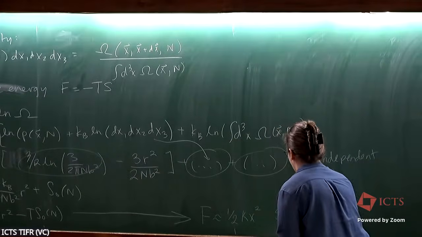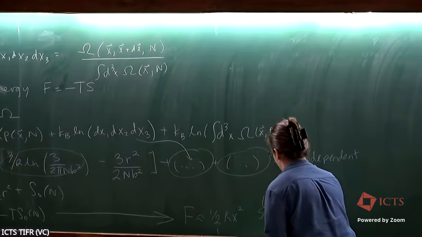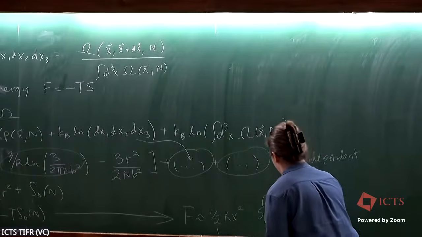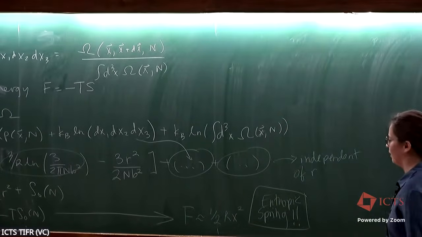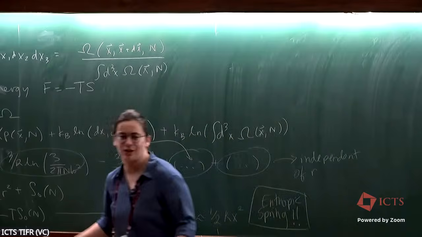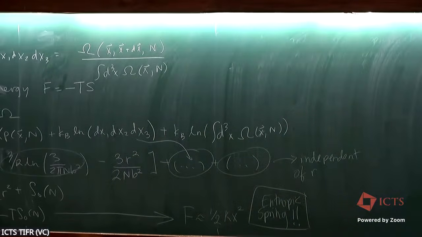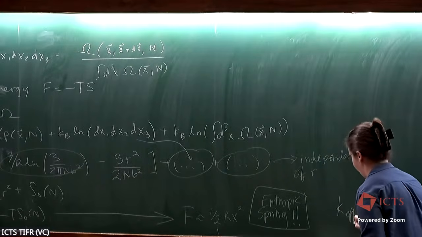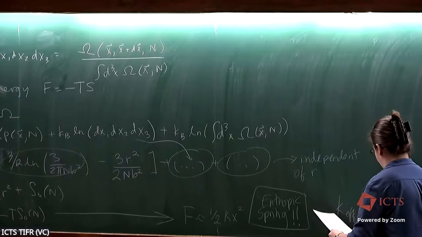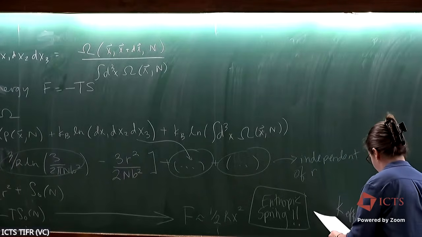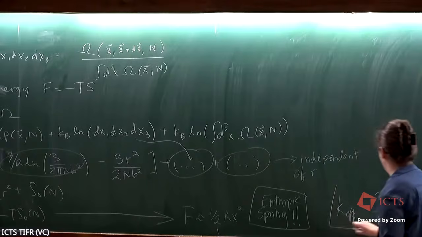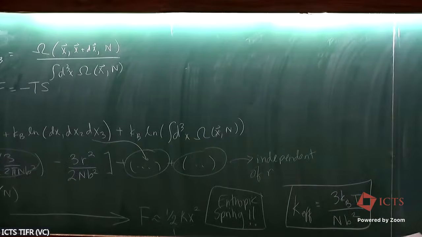We have derived an entropic spring. And this is a great way to think about the actions of individual polymers, is that for these small deviations, we can imagine having an effective spring constant of 3 k_B T over n b squared. And this explains many results that we find about polymers and also rubbers more generally.